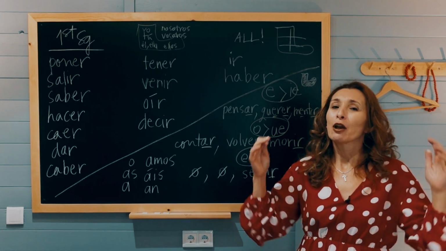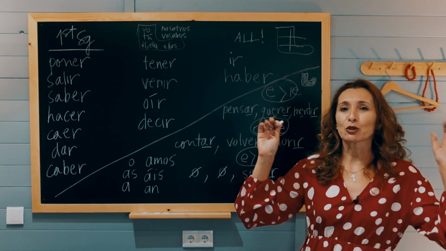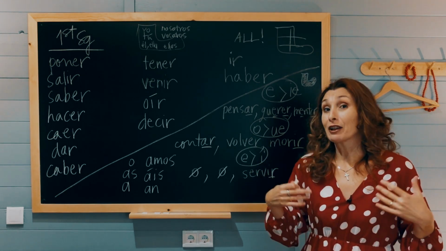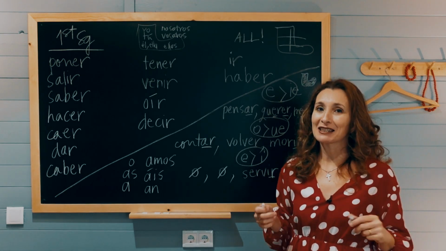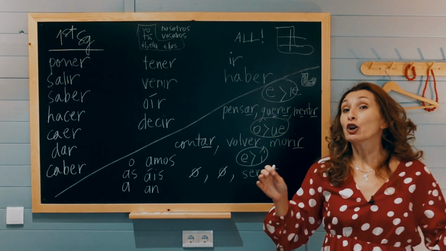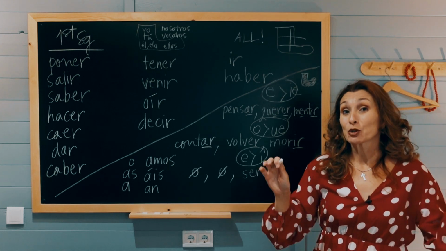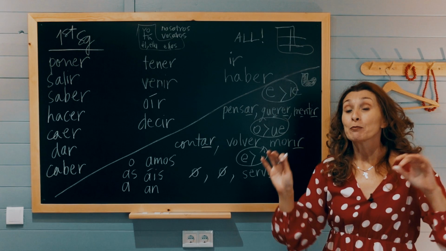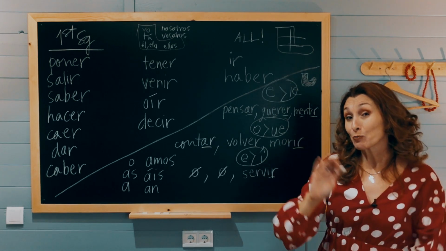You just learn it. Pongo, pones, pone, ponemos, ponéis, ponen. And if you can get into the habit of doing it rhythmically, it's even better. Or, I don't know, tener. Tengo, tienes, tiene. Tenemos, tenéis, tienen. Ir. Voy, vas, va. Vamos, vais, van.